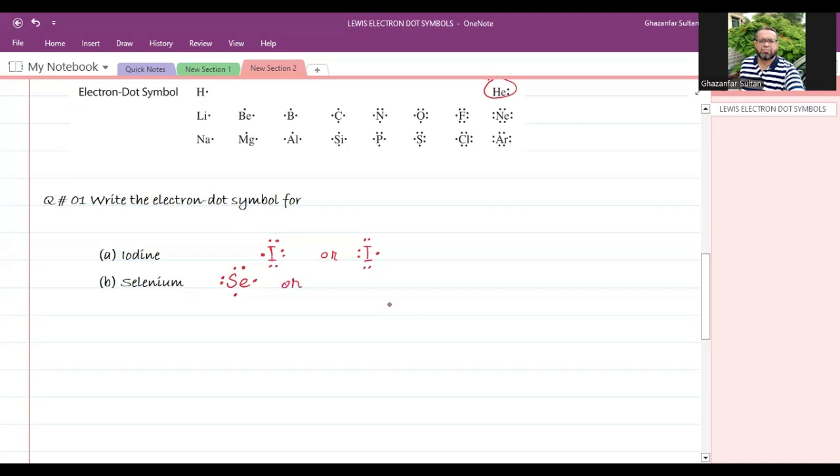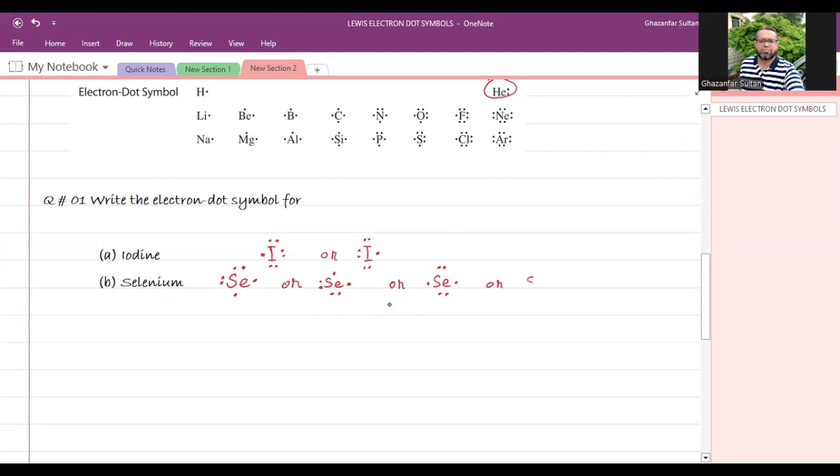Or it is also very accurate if you draw the pairs here and single electrons here. But at a school level, it is also accepted to put single electrons on either side and dots like this.